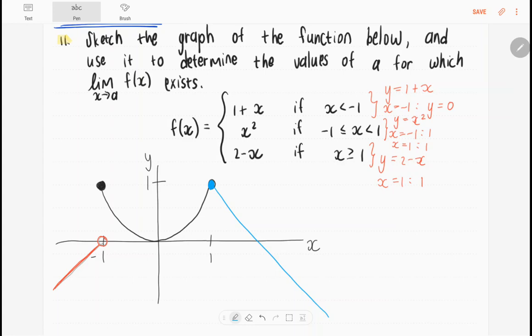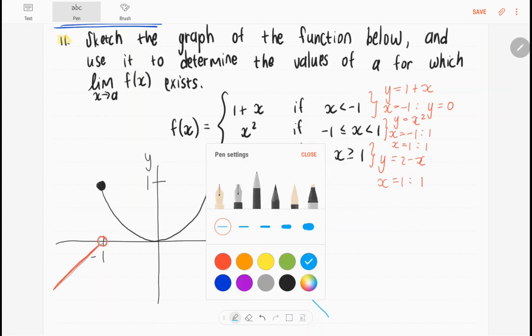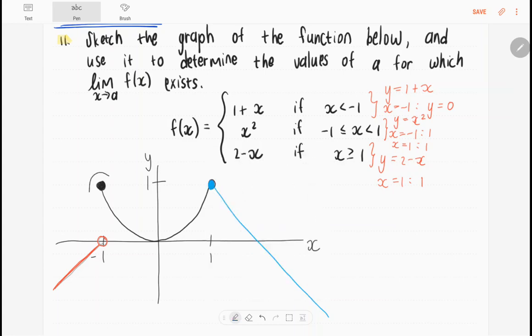The actual question is to determine the values of a for which the limit when x approaches a of f of x exists. Well, can you see that if we look at this graph, we can see that the limit exists for all a, except we have a problem when a equals minus 1. Why do we have a problem there? Well, our left and right limits are different when a equals minus 1.